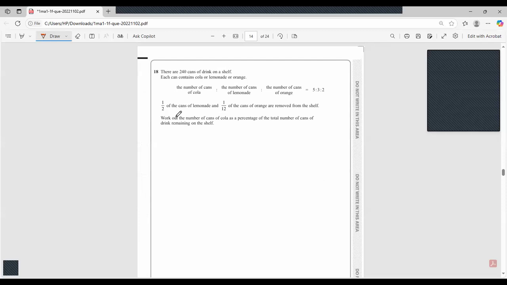Number 18. So first you find the actual amount of each can, right? And then you find the fraction of the can you're looking for.